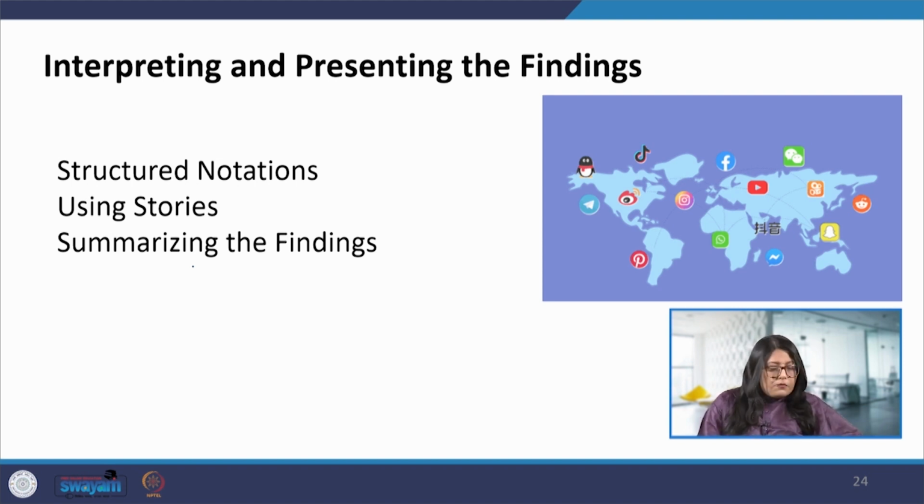So, a number of structured notations have been developed to analyze, capture and present the information for interaction design. These notations follow a clear syntax and semantics which have been developed to capture particular viewpoints.